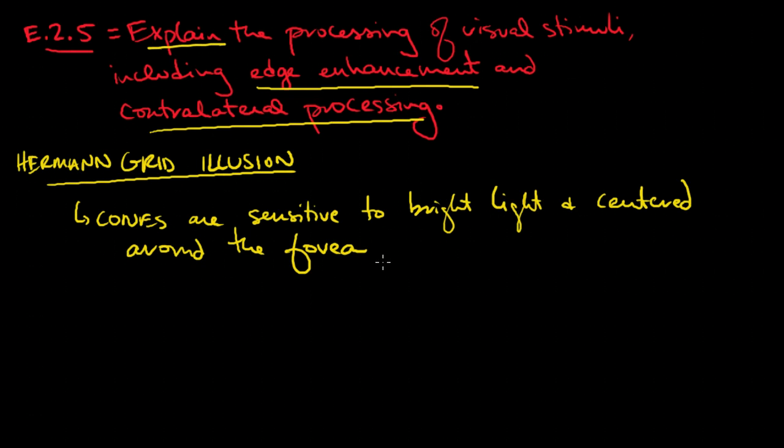So if you're focusing at one corner of this illusion, your cones are not receiving the signals they need to do this. So really, what you're seeing at the gray sections are part of your peripheral vision, which cones are not a part of.